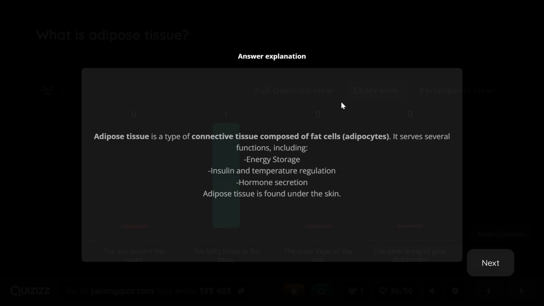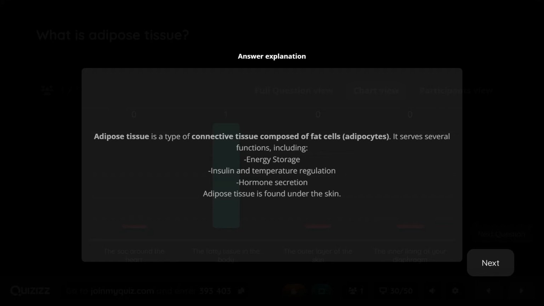Now, adipose tissue is a type of connective tissue. It's composed of fat cells, and it serves several functions throughout our body. We utilize this for energy storage, insulin and temperature regulation, hormone secretion, and as a reminder that adipose tissue is found under the skin.